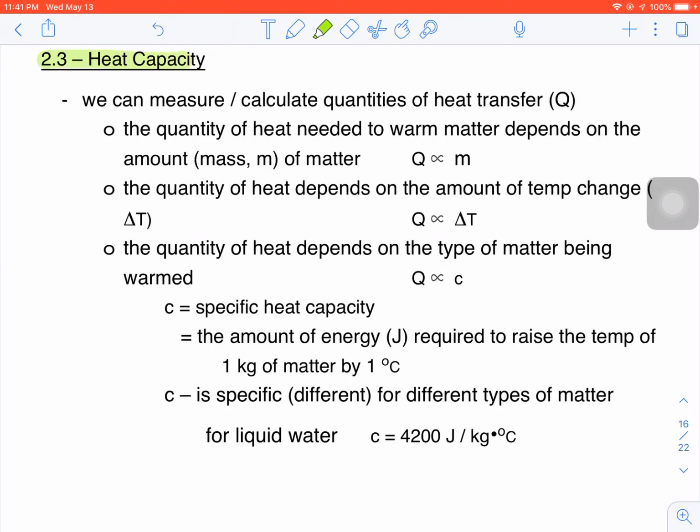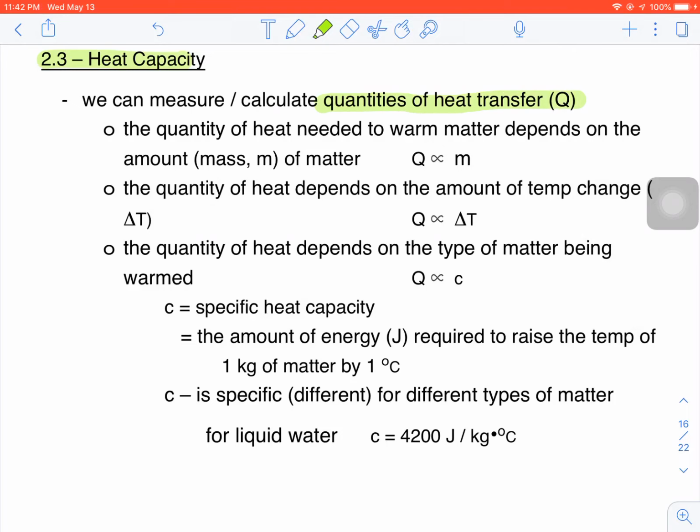I can calculate how much thermal energy transfer there's going to be. And rather than using delta E for the change of energy, we typically make this a little bit easier and just talk about a single quantity, which is called heat transfer. The symbol is Q for the quantity of thermal energy transfer or quantity of heat transfer.